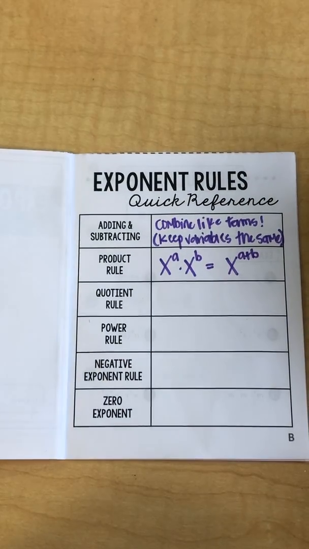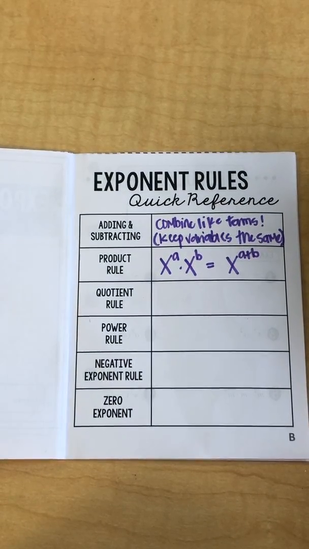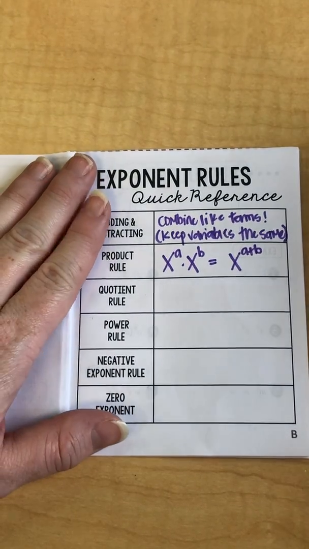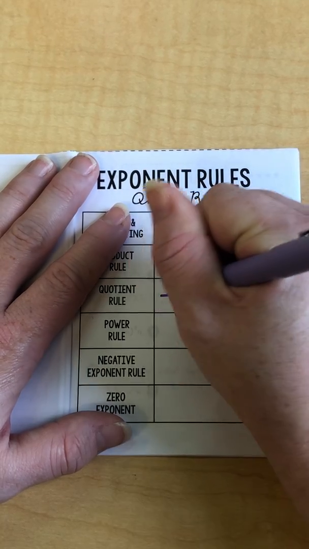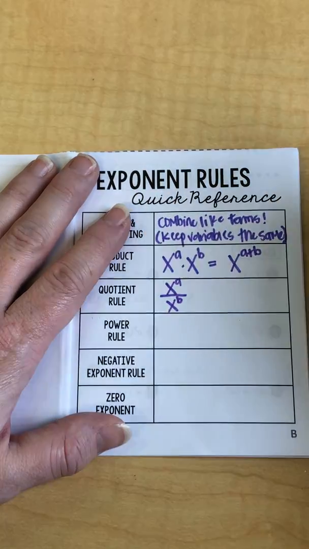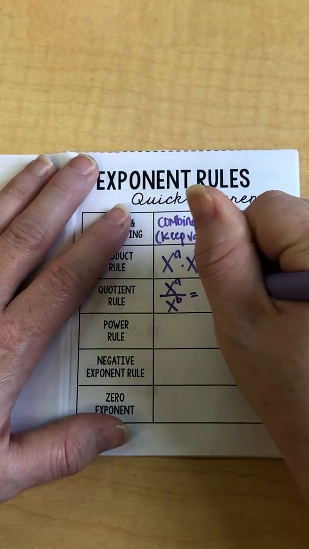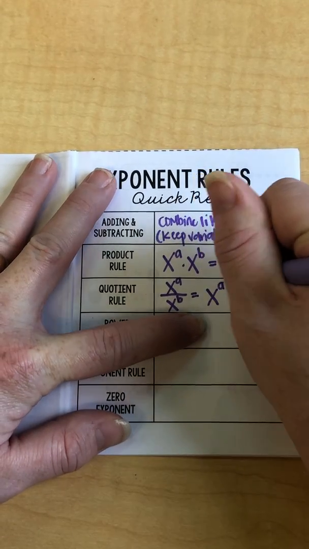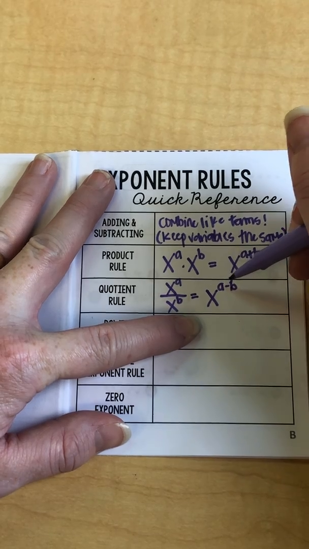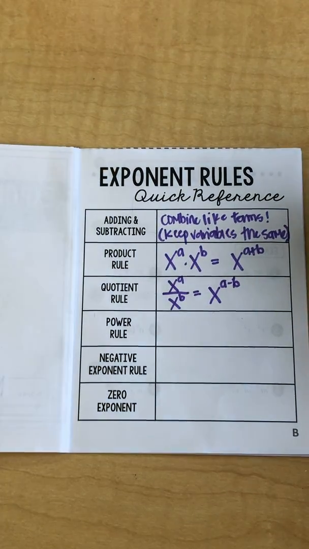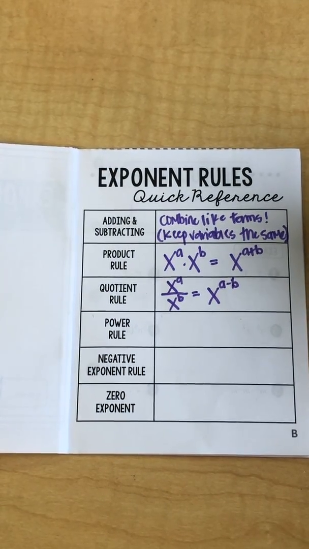So x to the a power times x to the b power is x to the a plus b power. Whereas the quotient rule, if I am dividing two things that have the same base, I'm going to subtract their exponents, keeping the numerator's exponent first, and from it, I'm going to subtract the denominator's exponent.